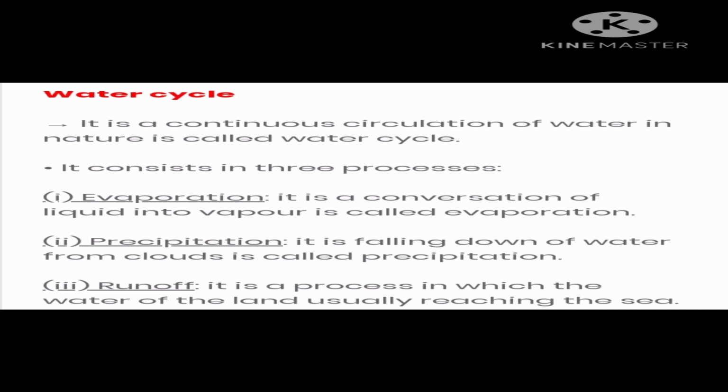Now when this cooled water falls on the earth from the clouds, the falling down of water means precipitation, and then the water runs off to the sea or the rivers. This is how the continuous circulation of water in nature takes place, and hence it is known as the water cycle.